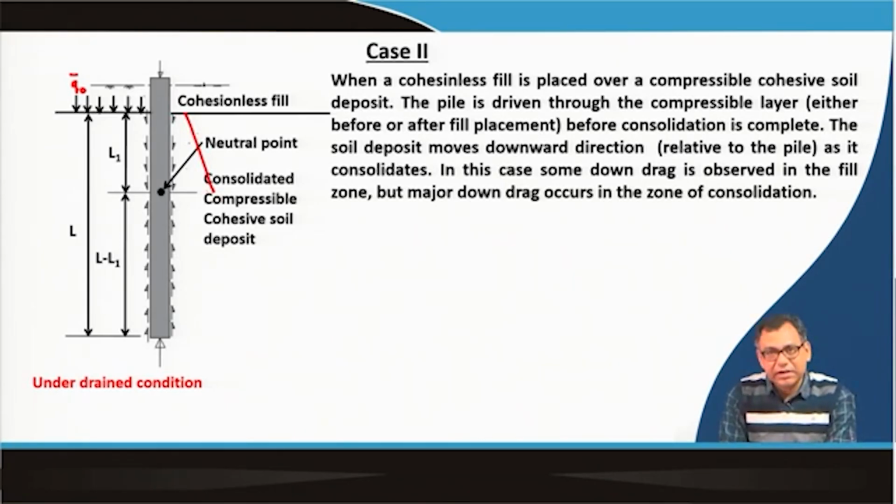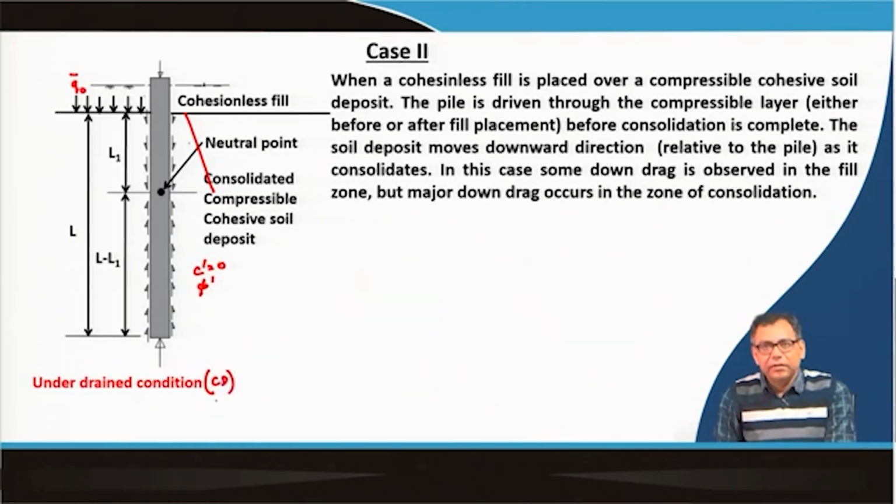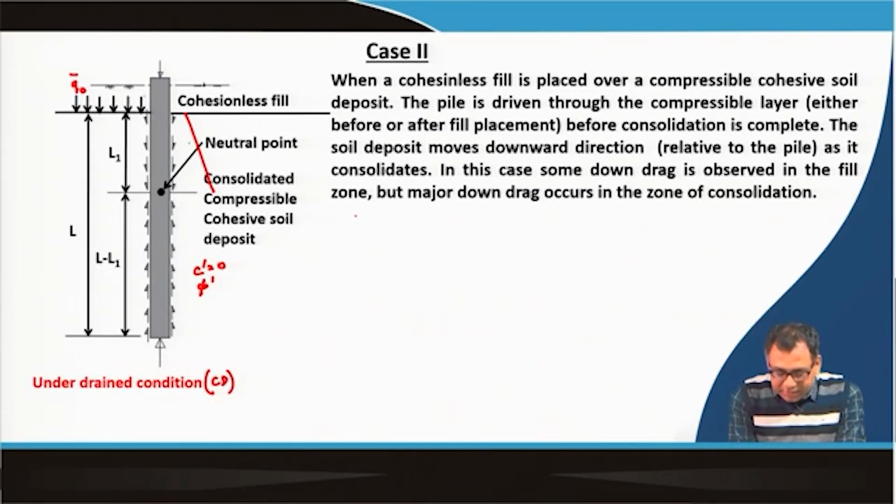Again, this is the drained condition, because it is clay soil under consolidation. So, it is a drained condition. The drained condition means there will be c dash equal to 0, there will be phi dash only, under the CD test condition.